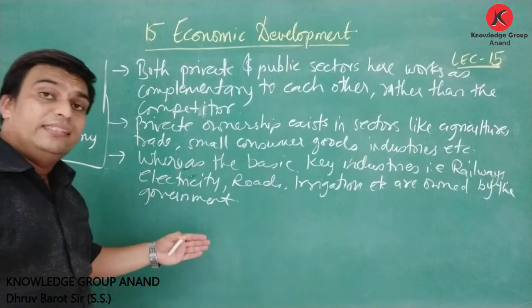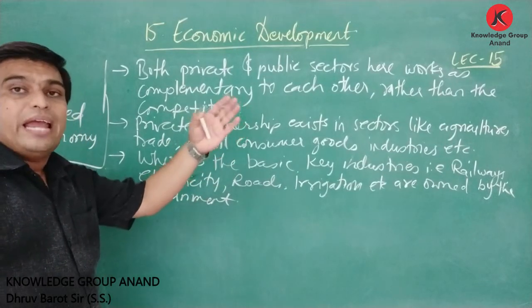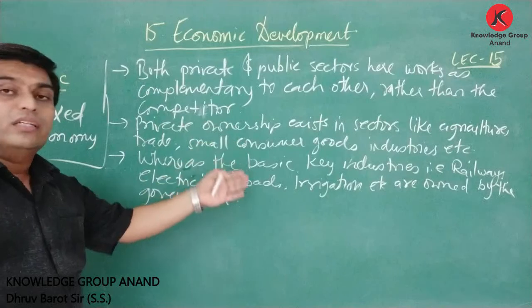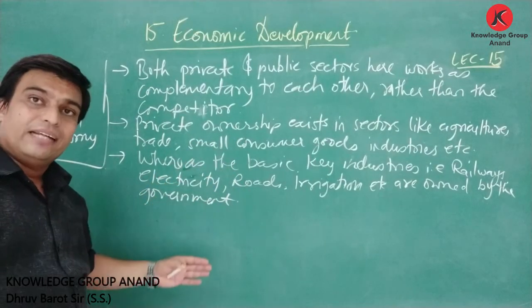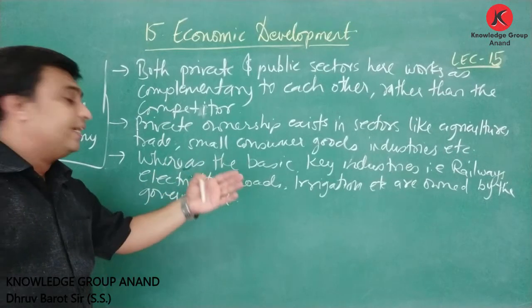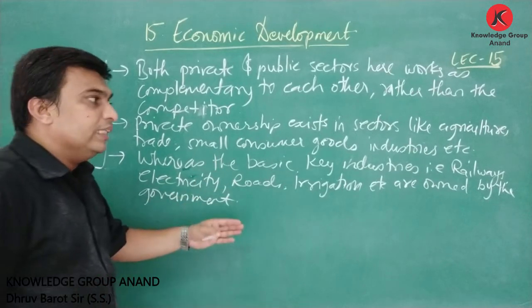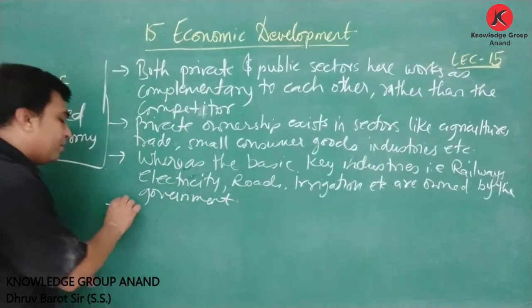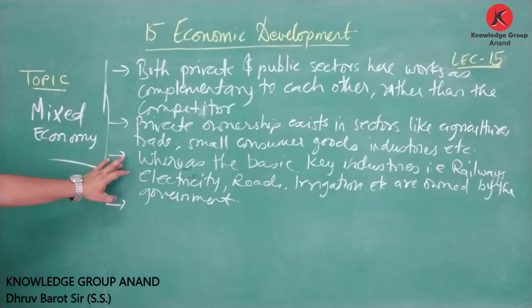Here we can clearly see, friends, that private ownership is seen in the sector of agriculture, trade, small consumer goods industries, etc. While if we talk about the public sector, that is owned by the government, the basic industries like railways, electricity, roads, irrigation, these all things are owned by the government. So here you can clearly see the coexistence of the private and the public sectors.